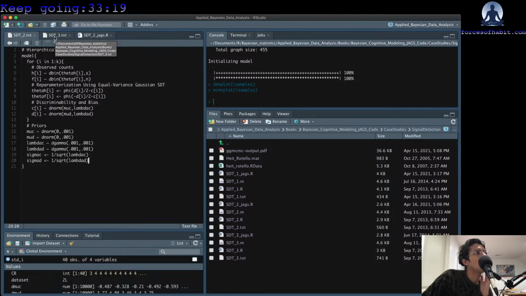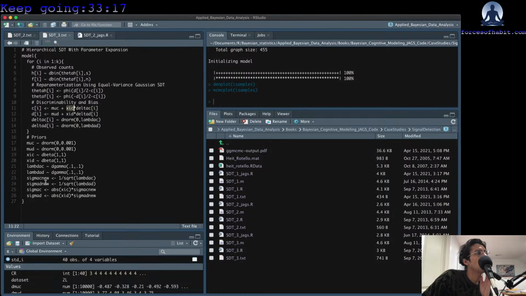So it looks like we also changed our priors here for gamma, but we're centered on 0 here.